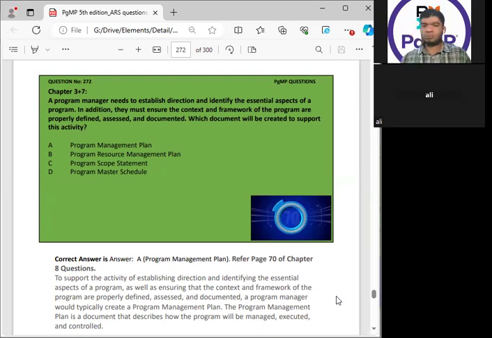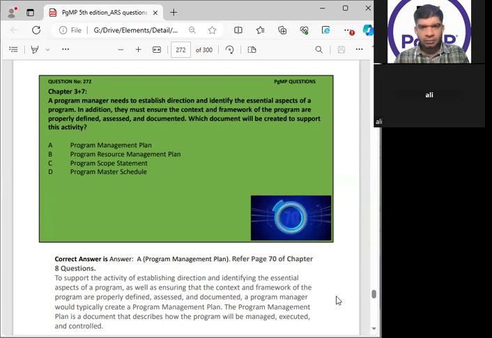But in this question, which is appearing on the screen, the program manager needs to establish a direction. So when I was reading the question, I was picking a few words from it. One is direction. One is framework.